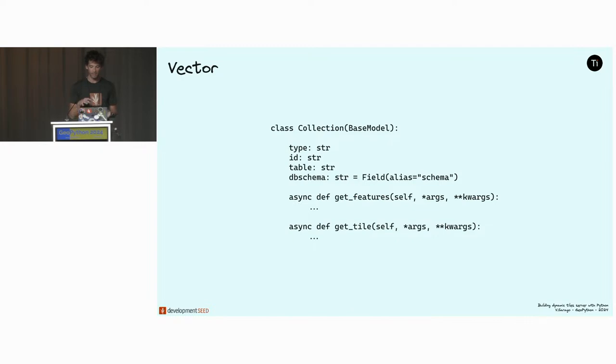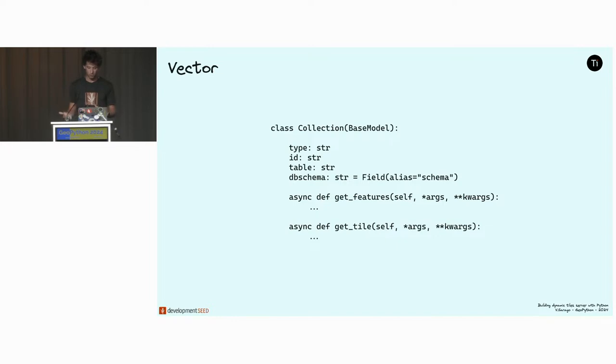Right now it's only connecting to PostgreSQL, but you could create a collection object that connects to GeoPython or to whatever data source you wanted. So it's just to highlight that we designed TiPG to be extensible and customizable to your own use case.